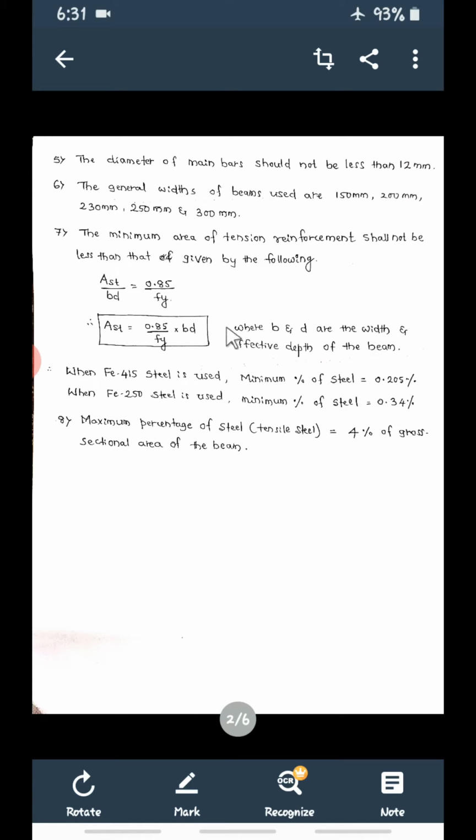Okay, so now this is in the form of AST. Suppose if you want to calculate percentage, what should be the minimum percentage of steel?